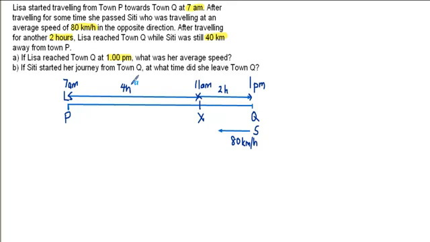We also know that after both of them have traveled for 2 hours, when Lisa had reached town Q, Cici was still 40 kilometers away from P. So we shall call this point Y, and between point Y and town P, it would be 40 kilometers.